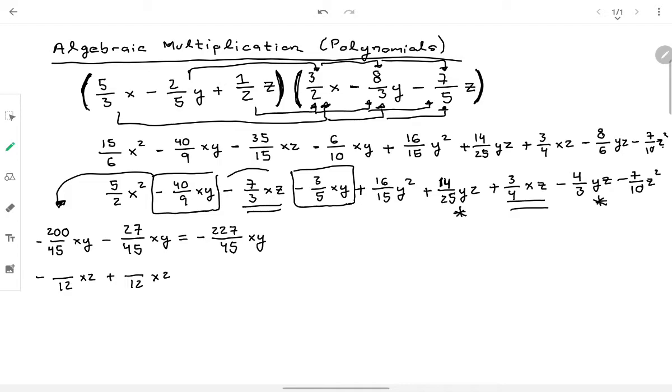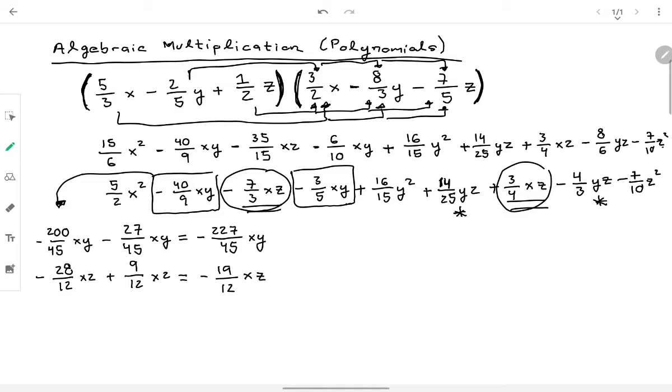The first one we need to multiply by 4, so it will be 28 over 12. The second one gets multiplied by 3, so it will be 9. So in this case, we will obtain minus 19 over 12xz.